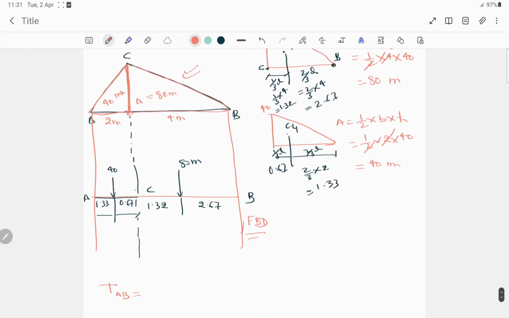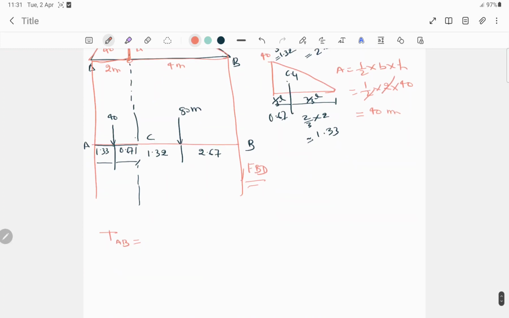To get the value, to reach here, this load, that is 40 into the distance 1.33 plus this 80 into the distance this load has to cover along A, that is up to here, 3.33, so 80 into 3.33, then we'll get the value around 319.6.